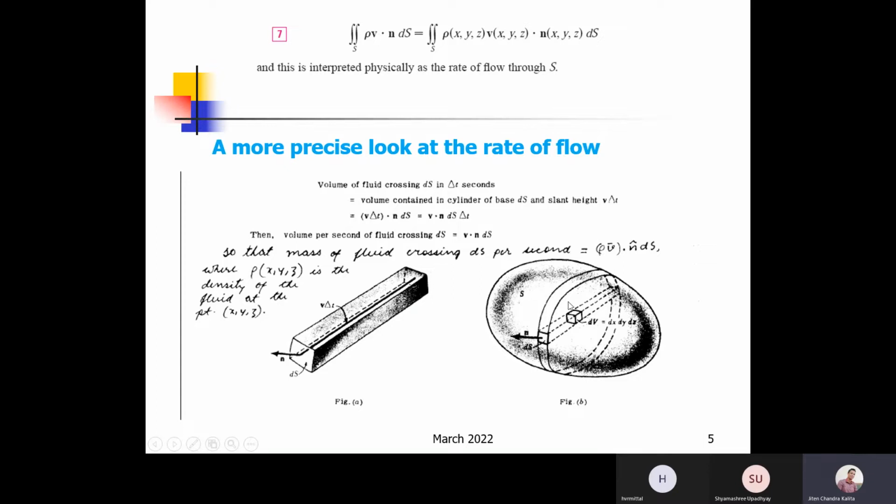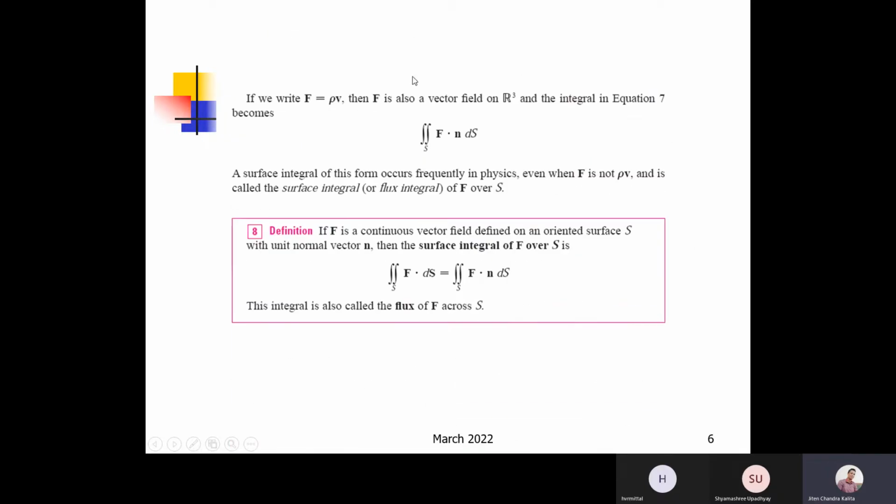So this situation is like that, as I have told you. If you consider fluid coming from that direction to this direction, this is going to be my situation. Fine. This is nothing but the definition of surface integral.